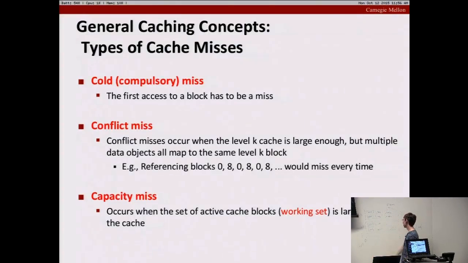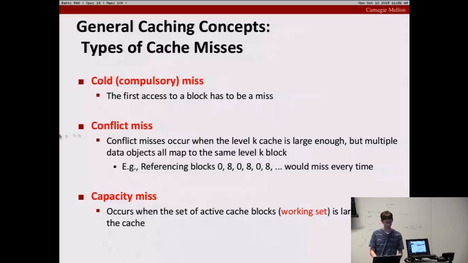So you start up a program and there's nothing in the cache. Anything you load at that point is going to miss, guaranteed, because your cache is empty. The first time we access any piece of memory is going to be a miss, unless it was loaded in a block because it's nearby something we already loaded. But the first one, at the very least, has to be a miss.